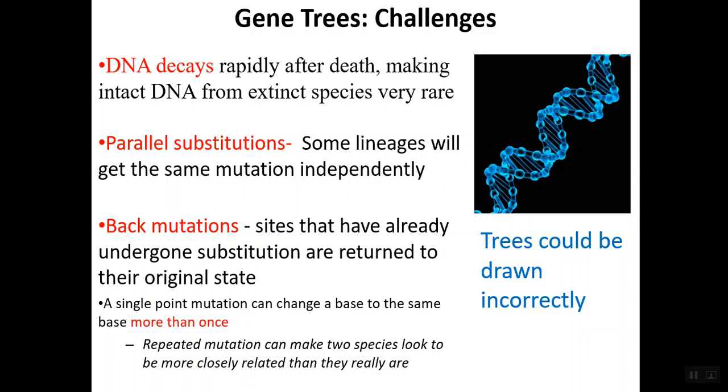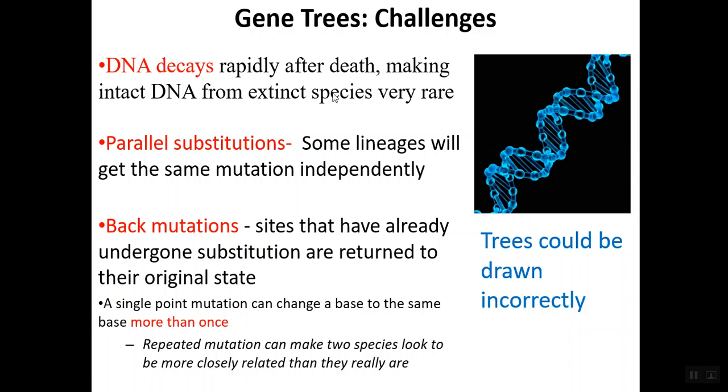And what is true is that the gene trees or molecular trees, or whatever you want to call them, many times recapitulate 100% the morphological trees that have been built in the past.